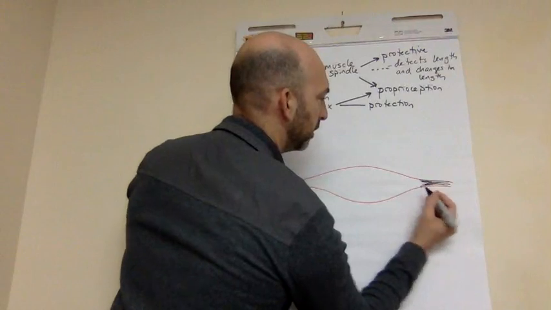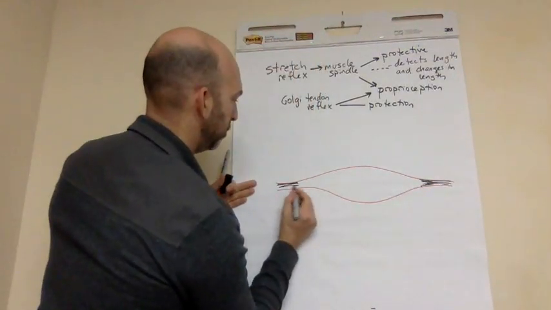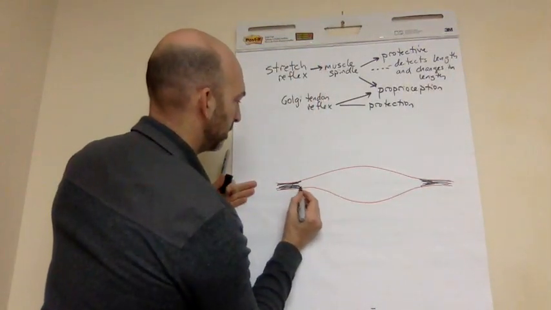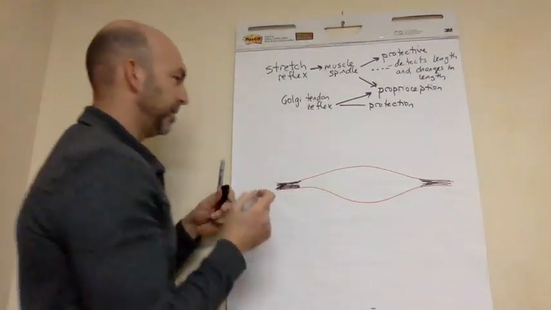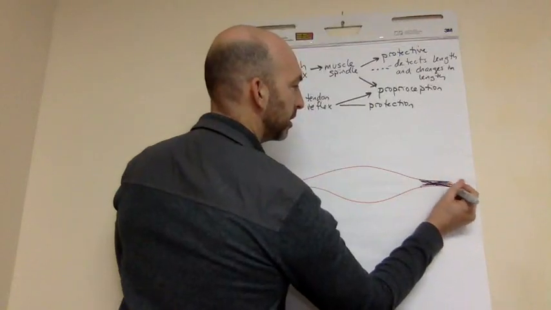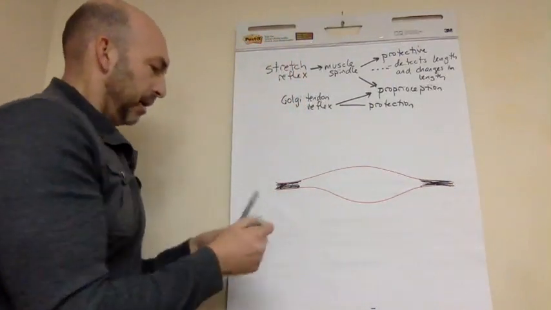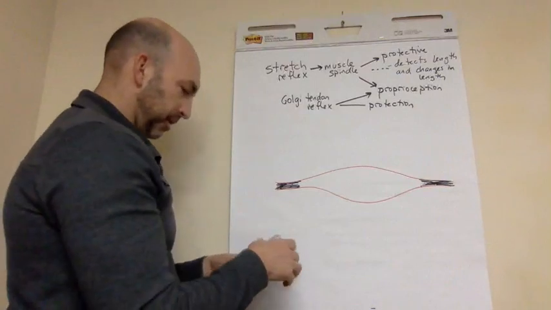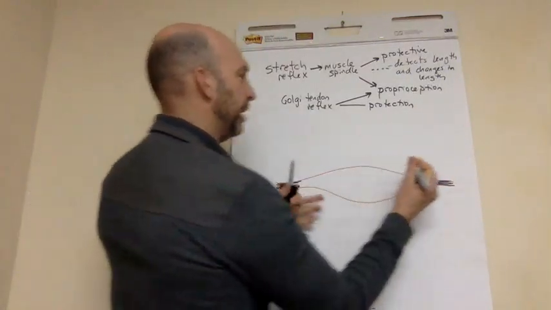Those are connective tissue that runs through the muscle, but then it attaches it to the bones at the ends. And so let's label those things. So this is the muscle belly.